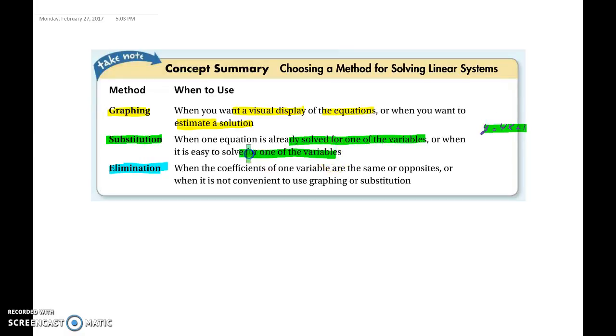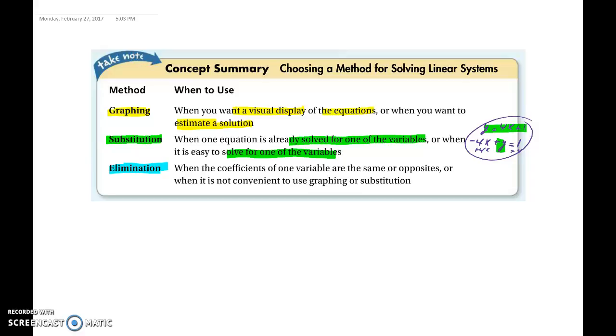Or if it's easy to solve for one of your variables, so let's say this same equation, y is equal to 4x plus 1, was negative 4x plus y is equal to 1. Since this y has a coefficient of 1, it's easy and quick to solve for y by just adding over the 4x. So if it's one of these two cases, then substitution might be the easiest method to use.